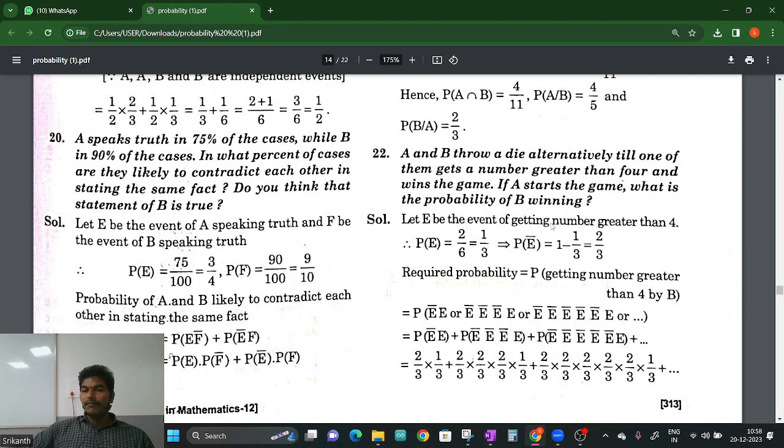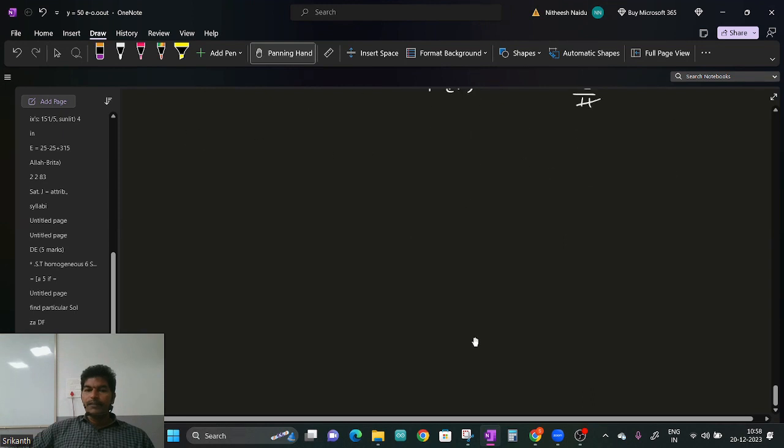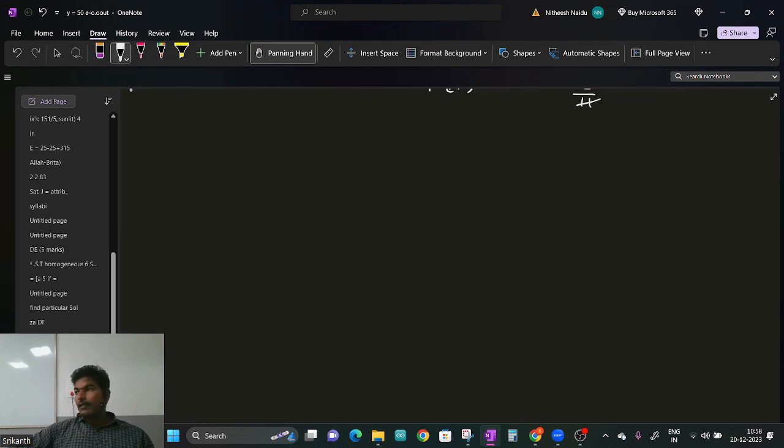So he wants B's winning probability. I will tell you one basic concept of this, and then we will do this question. So in the same way, for example, P is always denoted by winning. This is the formula.